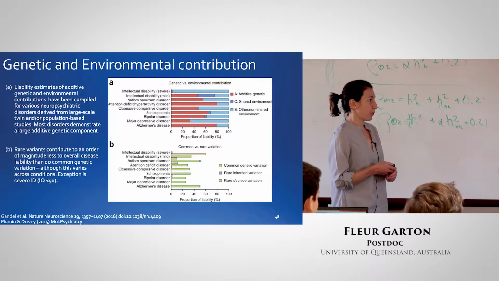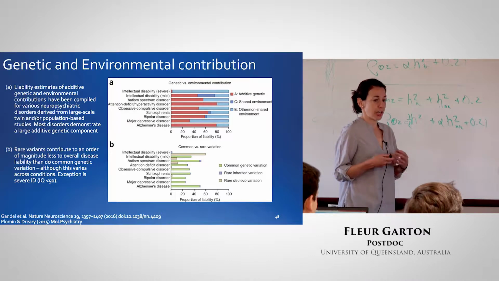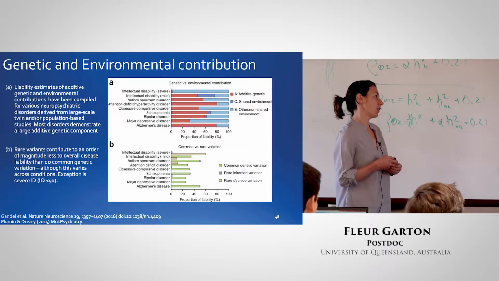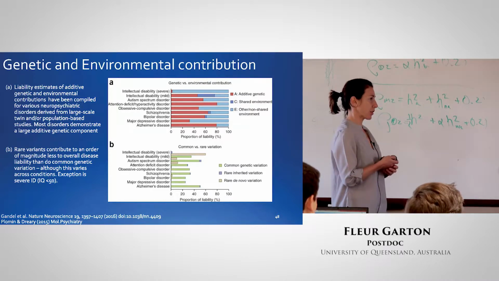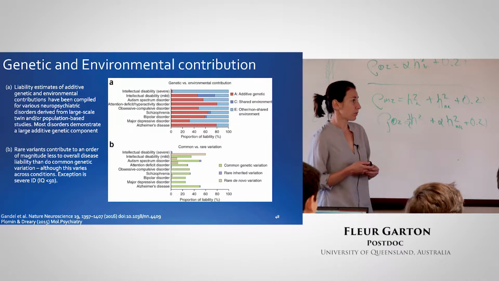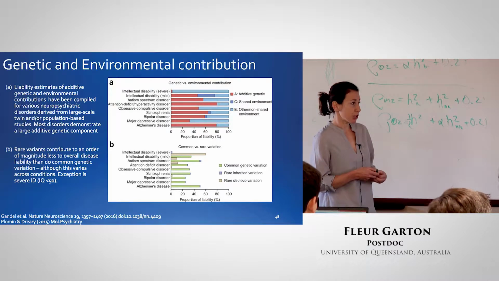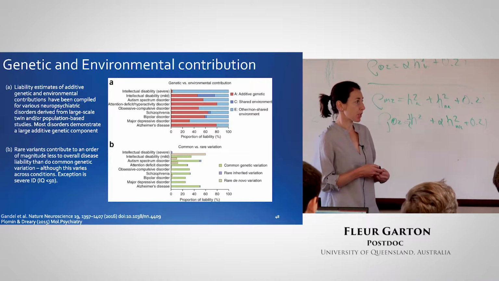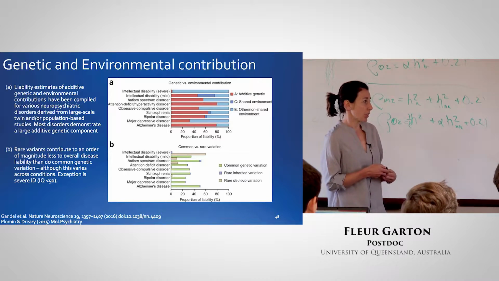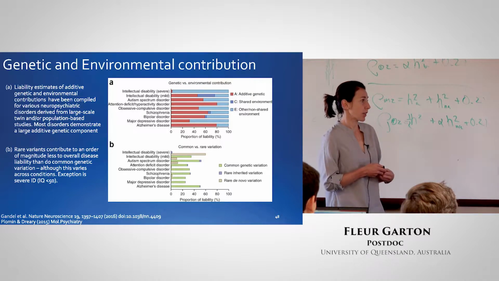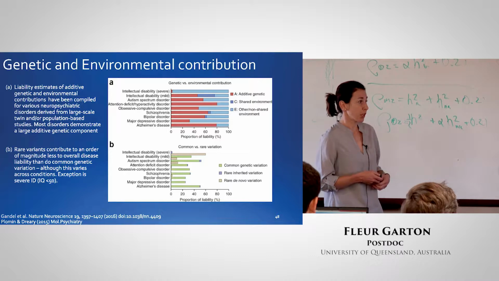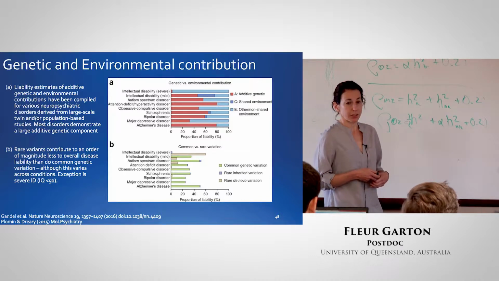And then when they've looked at the genetic architecture underlying these disorders, most of these are associated with common genetic variants, so here in green. And I guess the exception to this particular graph is the severe intellectual disability, and so it looks like there's a much greater contribution of rare de novo variation.